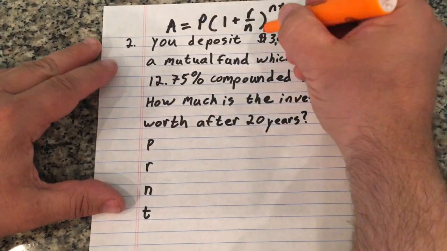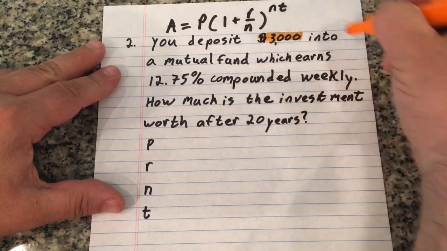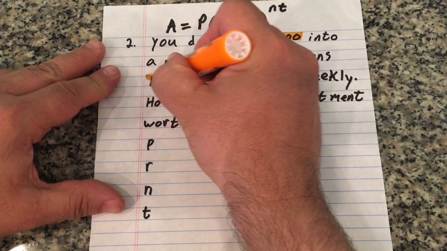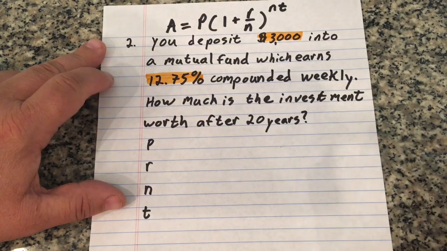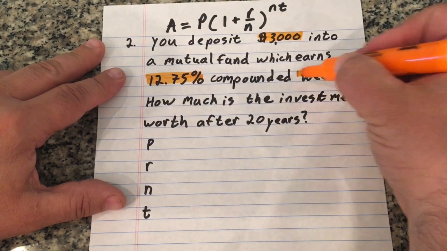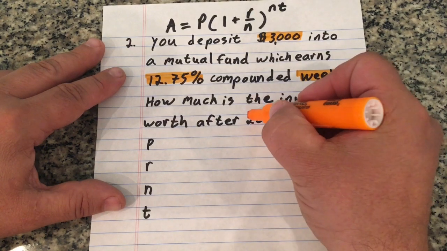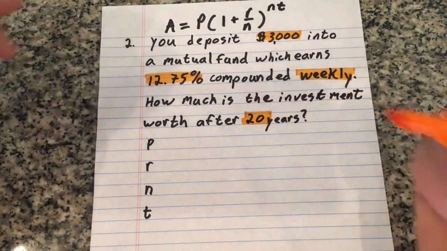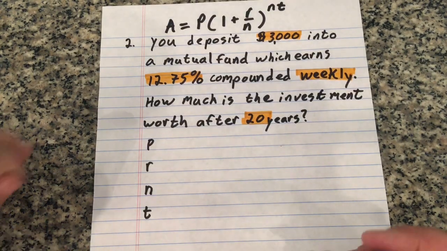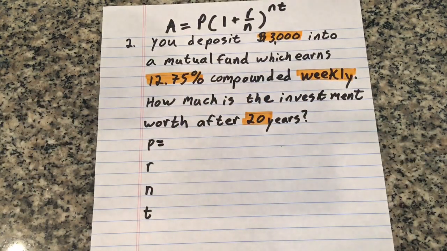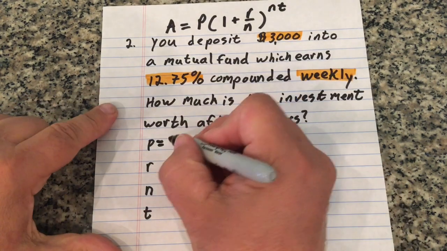So if you deposit $3,000 into a mutual fund, which earns 12.75%, now that's not going to happen in today's day and age, compounded weekly, how much is the investment worth after 20 years? So my principal is the original large sum of money that I deposit, which is $3,000.